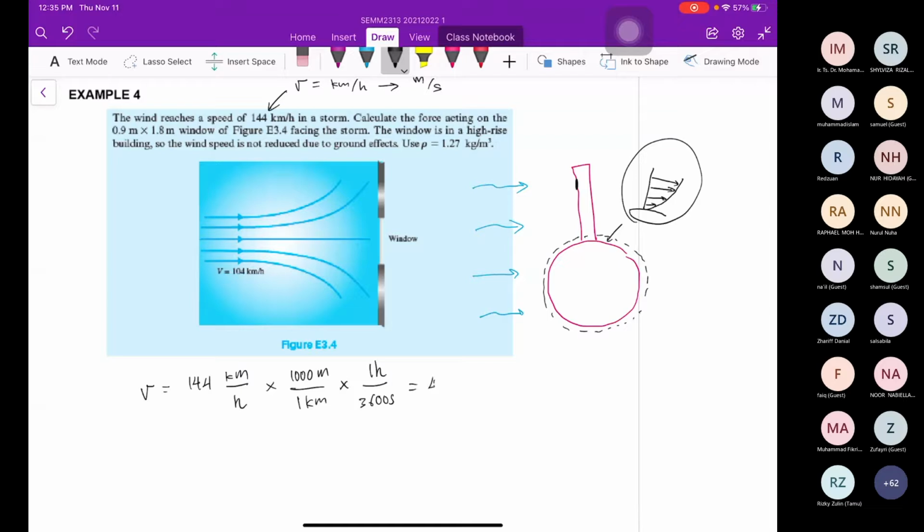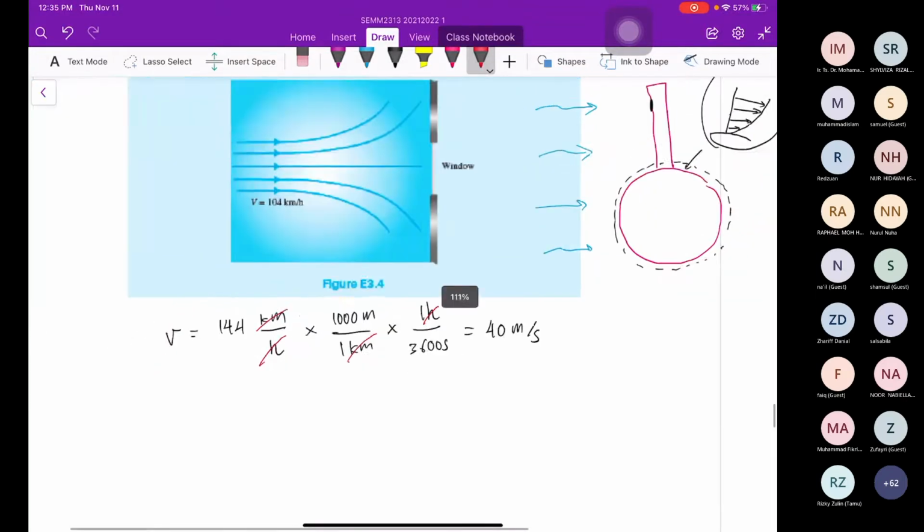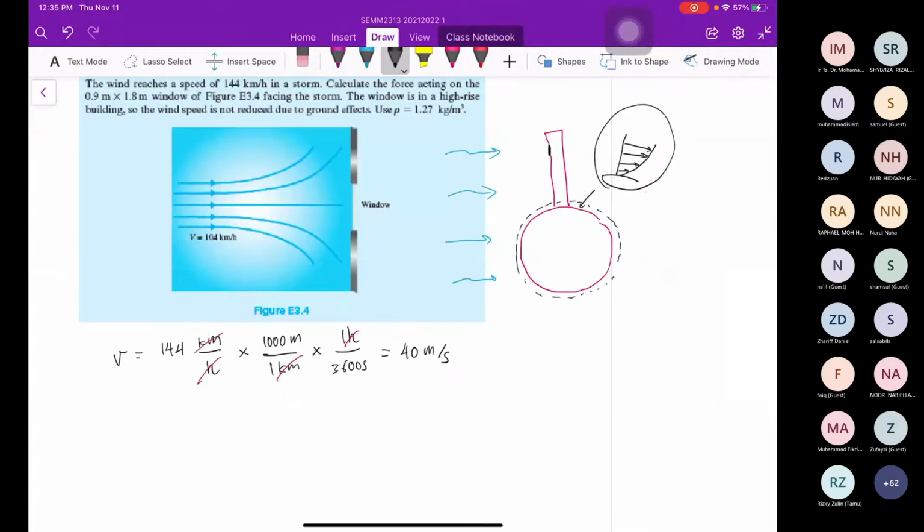You will get 40 meter per second, because you cancel this one, cancel this one, cancel this one. So you know that the velocity is 40 meter per second.